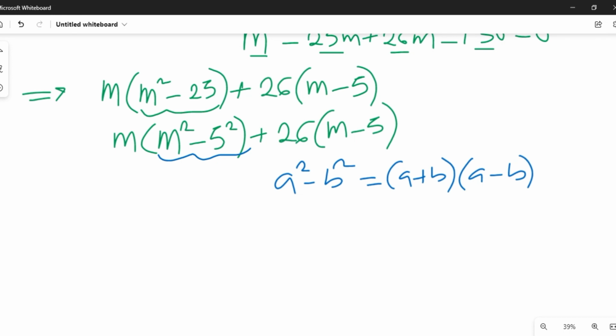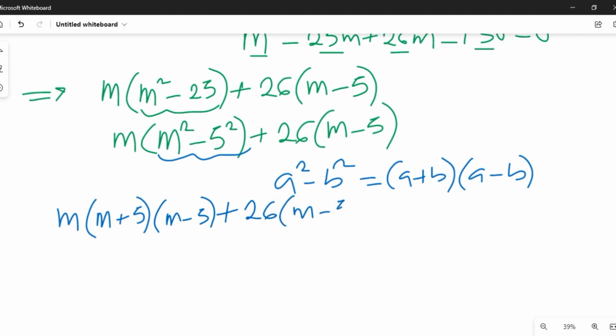If we apply that, we are going to have m(m plus 5)(m minus 5), because our a is equal to m and our b is equal to 5, plus 26(m minus 5). All of this is equal to 0.